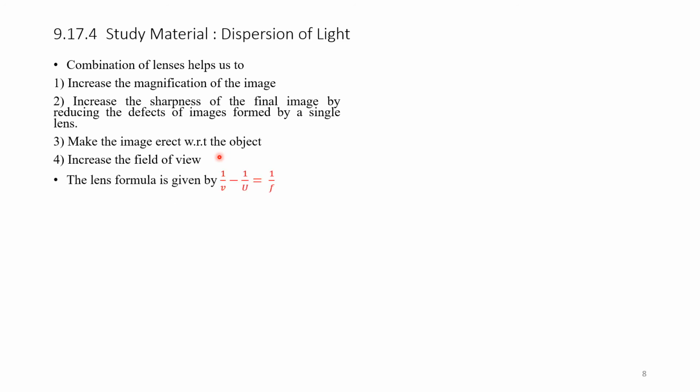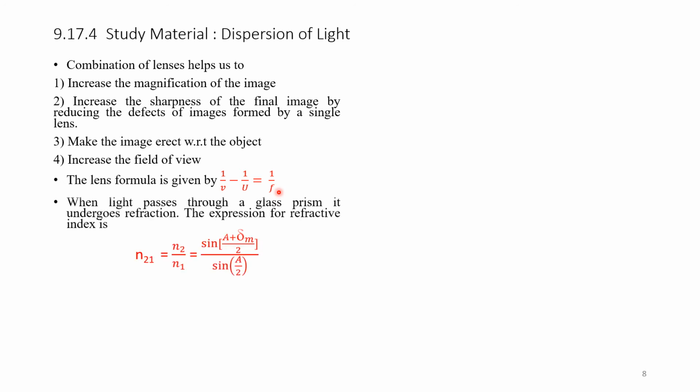Lens formula is given by 1 over v minus 1 over u is equal to 1 over f. Please note the difference between lens formula and lens maker's formula. When light passes through a glass prism, it undergoes refraction.